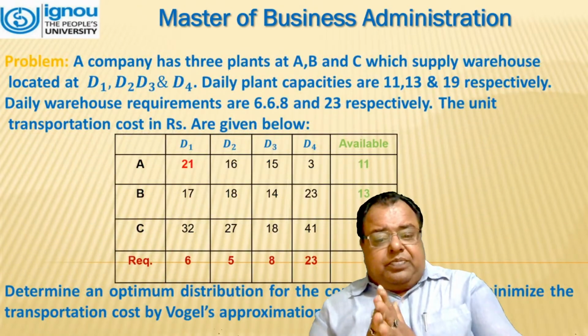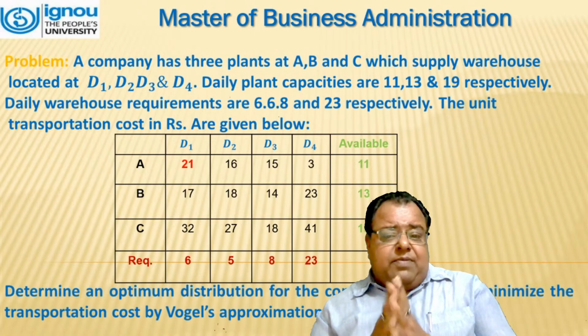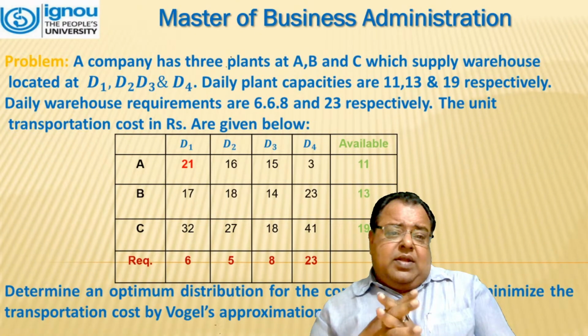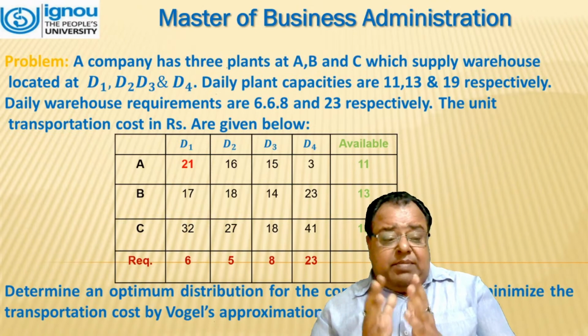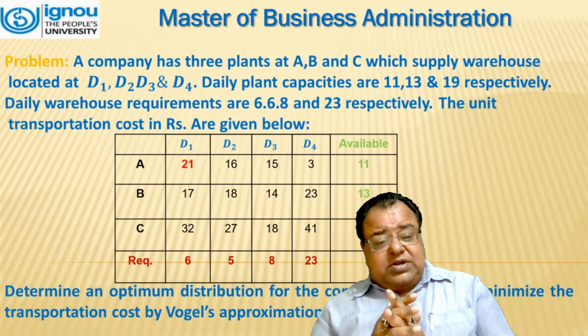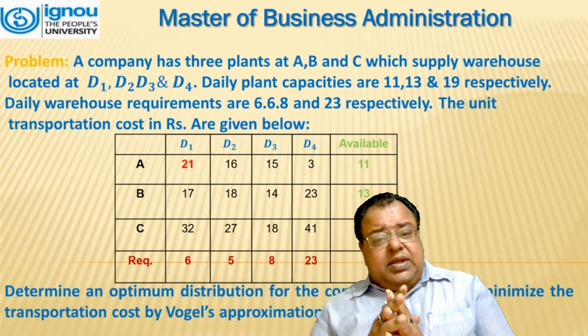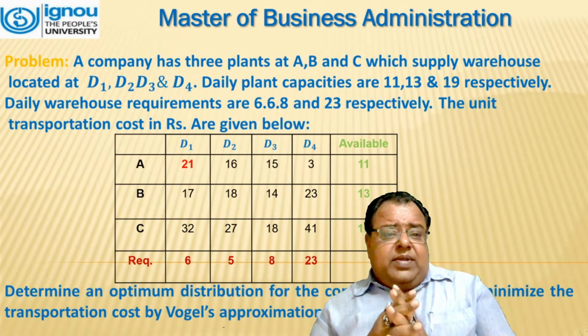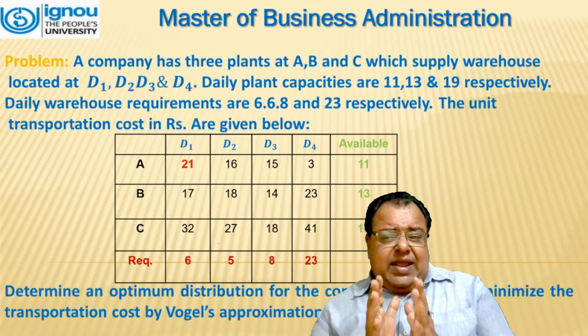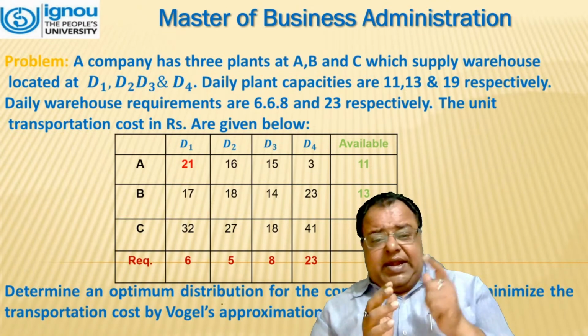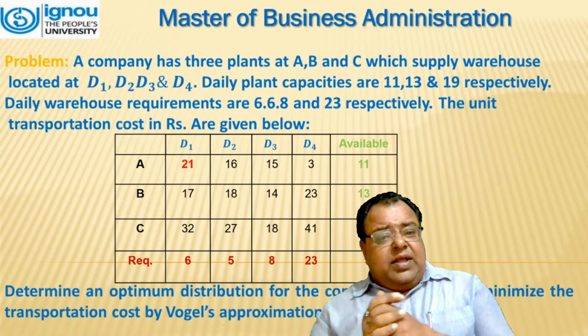Now, we move to another problem in which we have to determine the optimum distribution of the company in order to minimize the transportation cost by Vogel's approximation method. The company has 3 plants, A, B, and C, which supply warehouses located at D1, D2, D3, and D4.